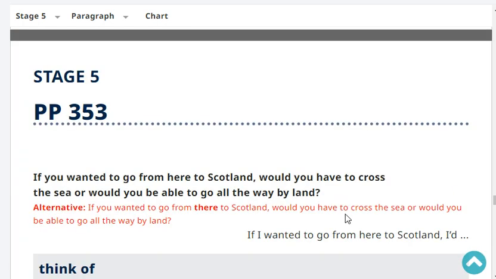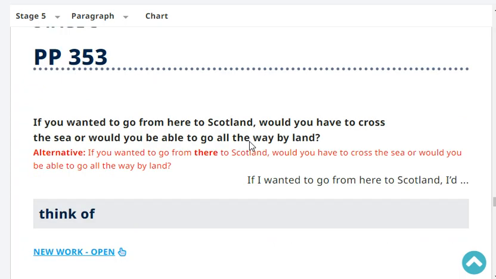If you wanted to go from here to Okinawa, would you have to cross the sea or would you be able to go all the way by land? If I wanted to go from here to Okinawa, I'd have to cross the sea.